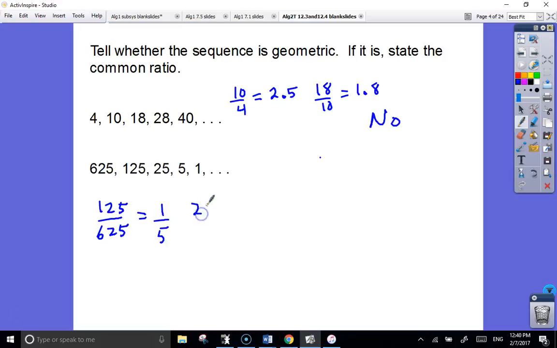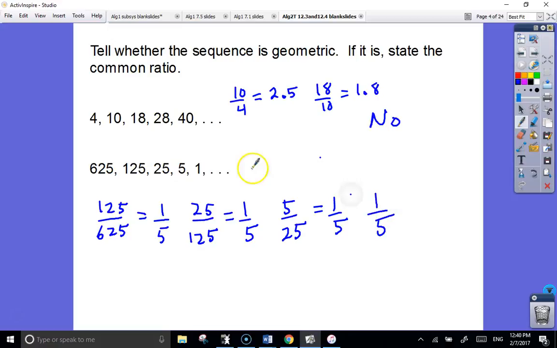And so is 25 divided by 125, and so is 5 divided by 25, and obviously so is 1 over 5. So that's a yes. Every time that ratio was 1/5, so we have a common ratio, r equals 1/5.